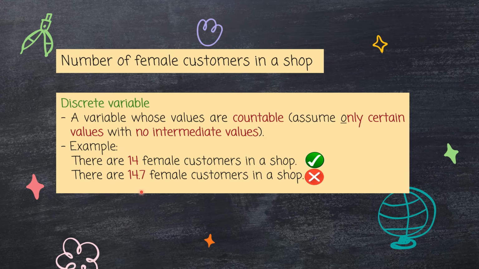Next, there are 14.7 female customers in the shop. So this one is false for a discrete variable since 14.7 is a decimal. So I hope you understand the difference between discrete and continuous variable.